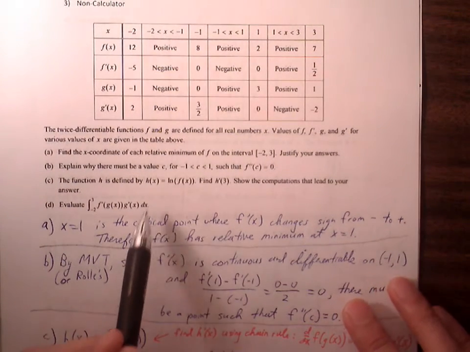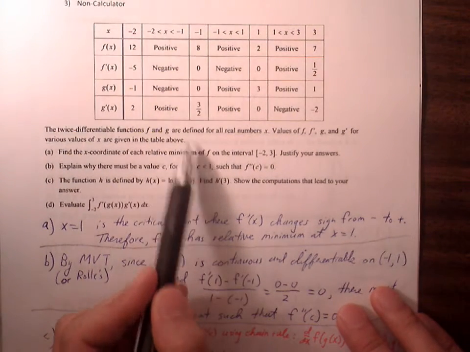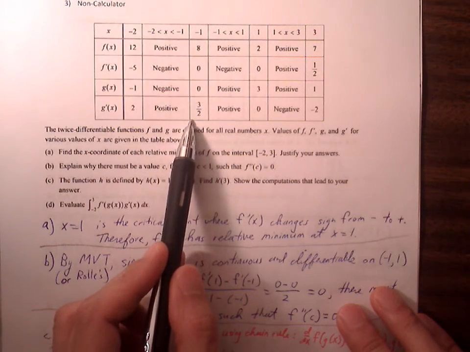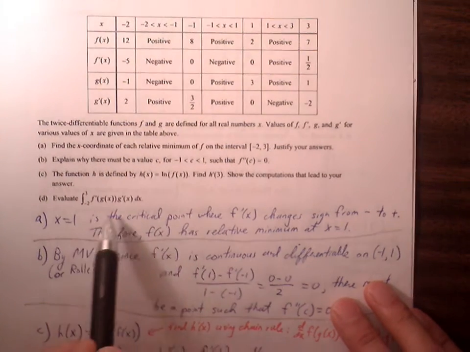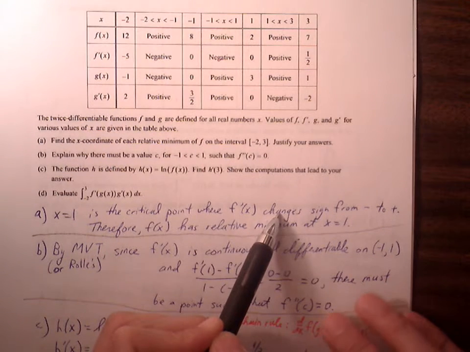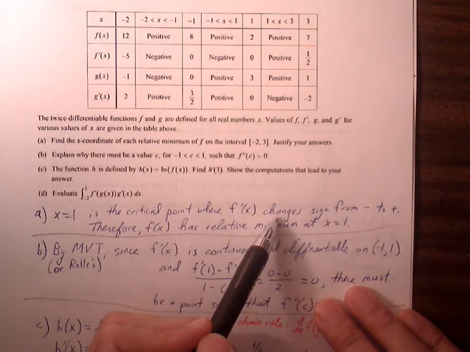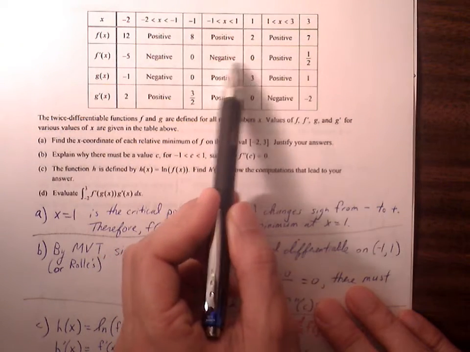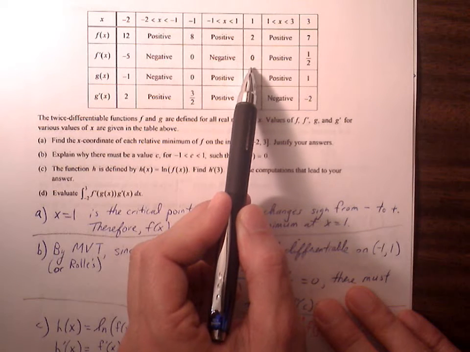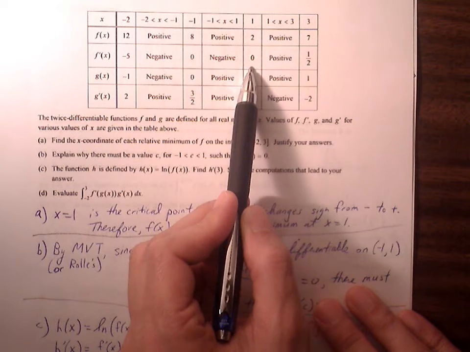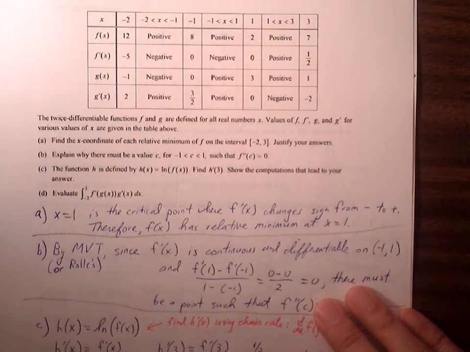So if we're talking about a relative minimum for f and we're looking at an f prime graph, then a critical point is where f prime changes signs from negative to positive. So wherever f prime changes from negative to positive, and where there's a slope 0 that exists in between, then we know that there must be a relative minimum.